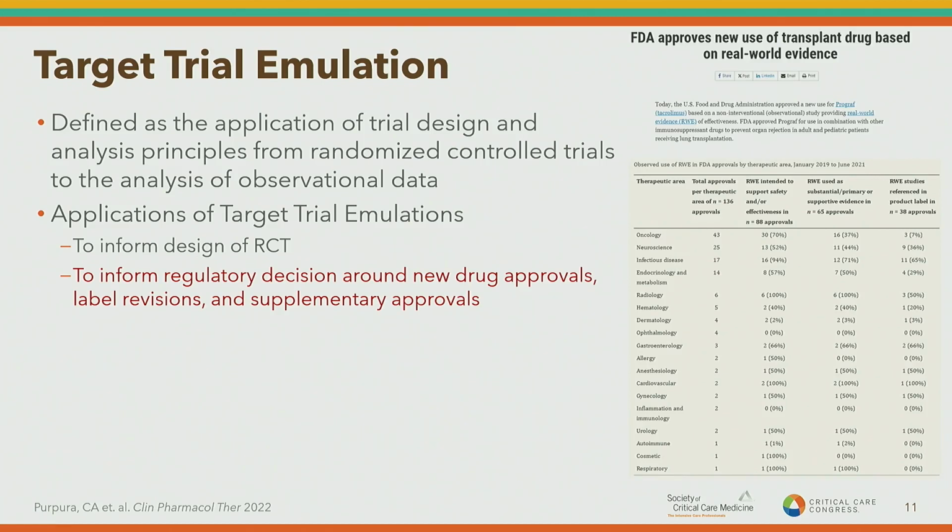And this is an example of all the drugs that have been given this approval just on real-world observational data. Now, this is usually on drugs that have been on the market and are being used off-label in a different patient population or for a different indication, so that you have real-world data to see patients, some who got it and some who didn't.